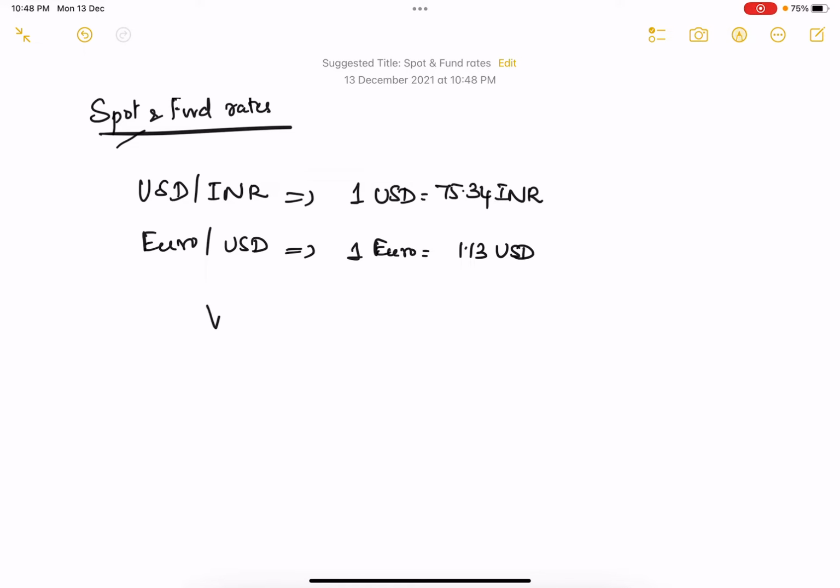So the volume, depth and volatility of spot market is higher because of large participation of market players.